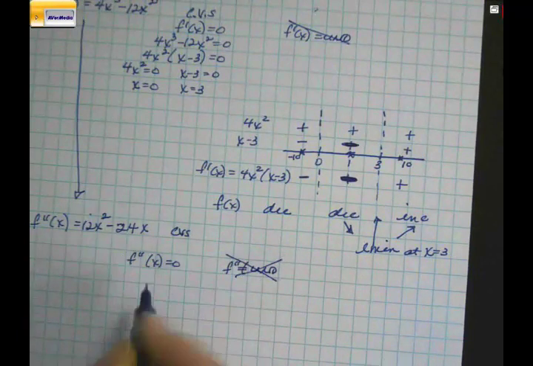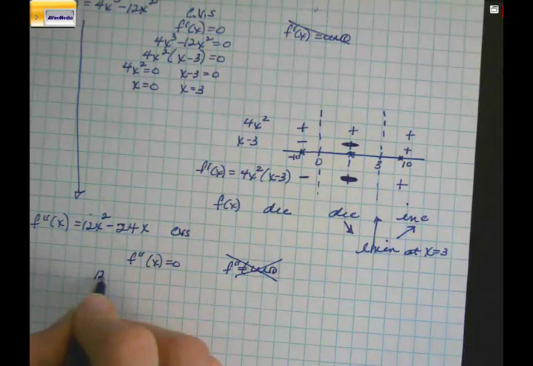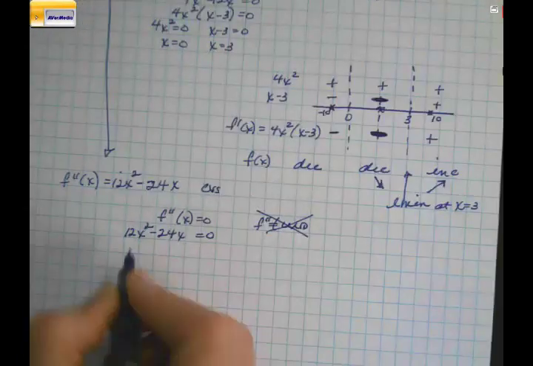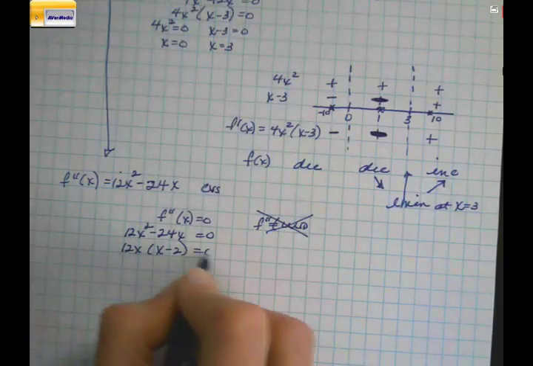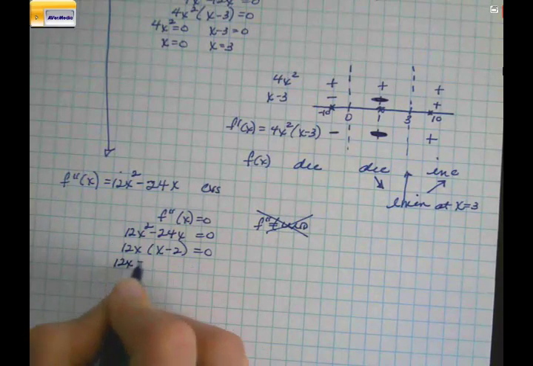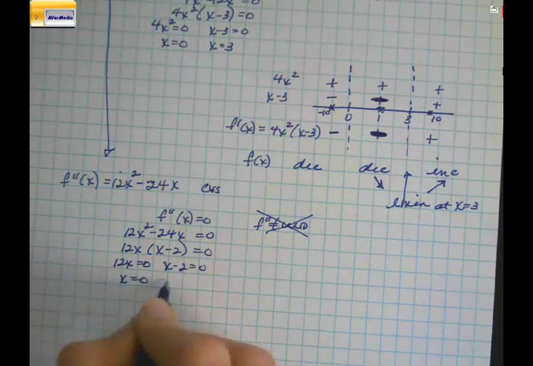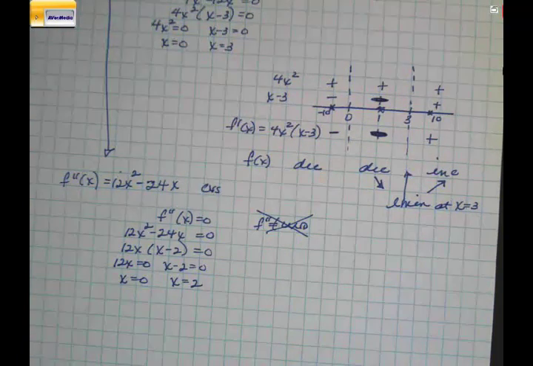Well, it's never going to fail to exist. It's never going to be undefined. So second derivative equal to 0 is 12x squared minus 24x equaling 0. Factor out a 12x, leaving behind an x minus 2. Set each of these factors equal to 0, and get your critical values for your second derivative equal to 0 and 2.